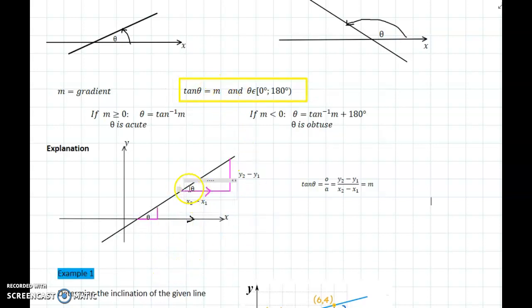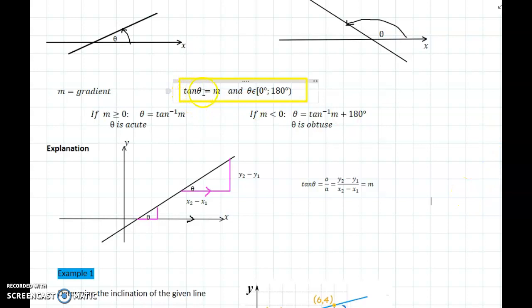So in order to find theta, we need the gradient of the line. In fact, if we have theta, we can also work out the gradient of the line. So if I say theta is equal to 30, then I'll say tan of 30 and I'll get an answer, and that would be the gradient of the line. Tan of 45, if it makes a 45-degree angle, tan of 45 is 1, and that would give me my gradient.